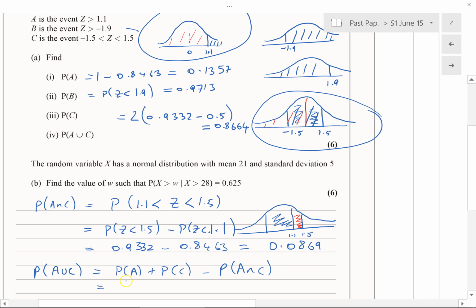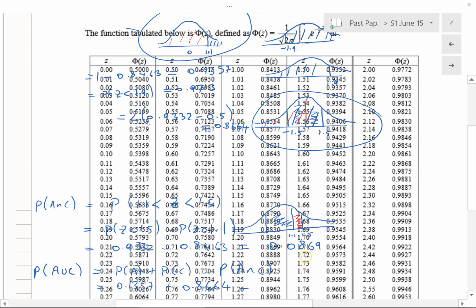Now P(A) is equal to the answer here, 0.1357. P(C) is 0.8664. Take away P(A intersection C).